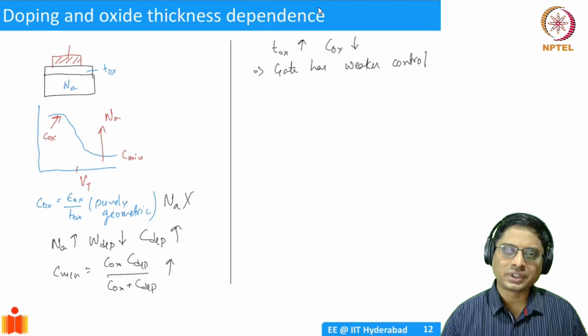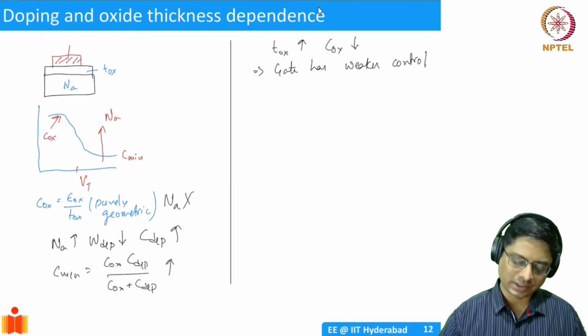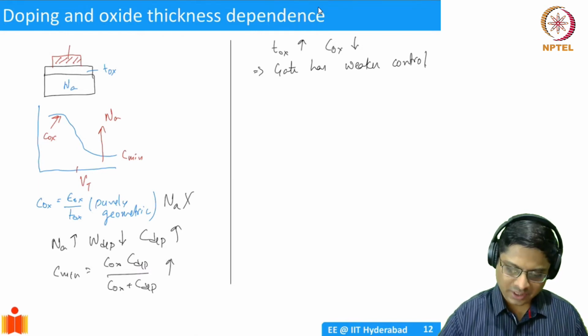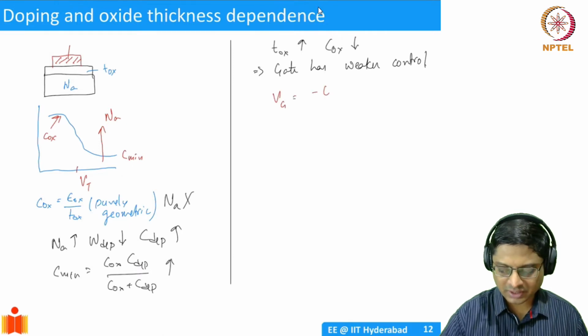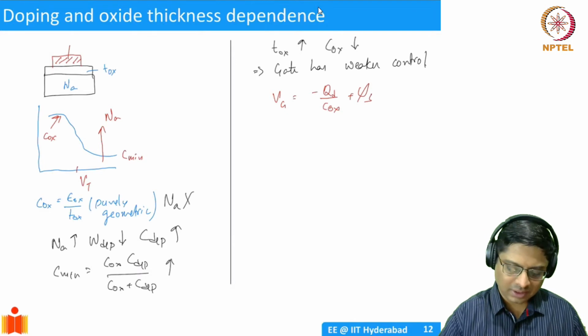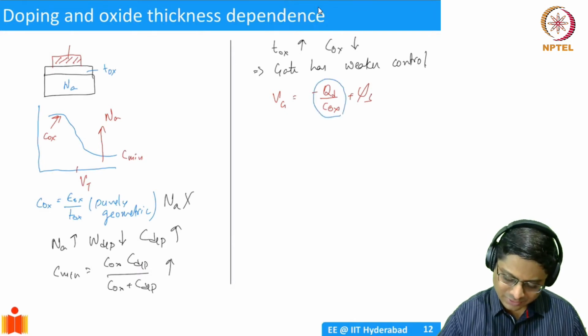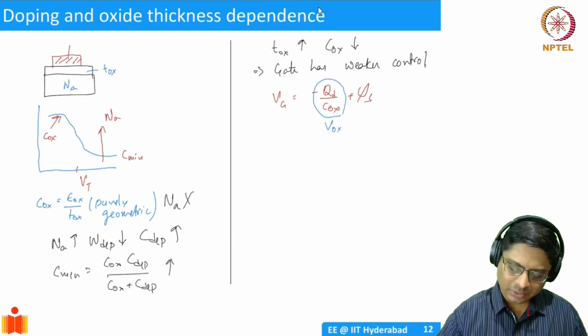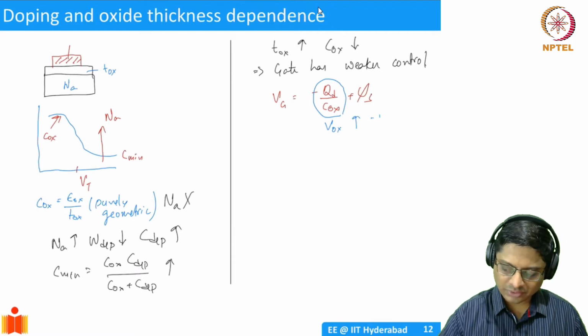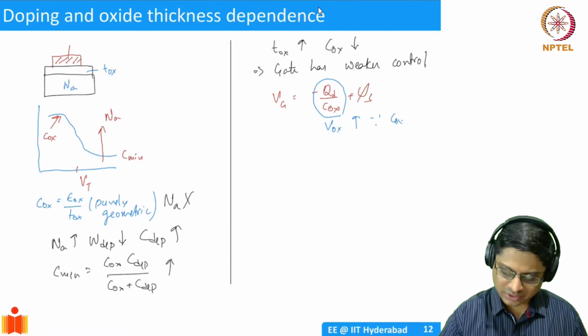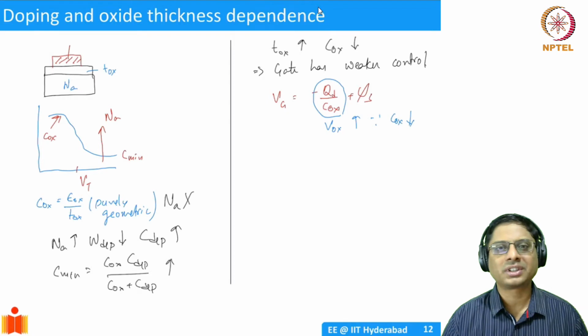So how does the gate voltage fall across the oxide and the semiconductor? VG we have seen is basically minus QD by COX plus surface potential, and the first term is essentially going to be V oxide. COX decreases, so V oxide increases.